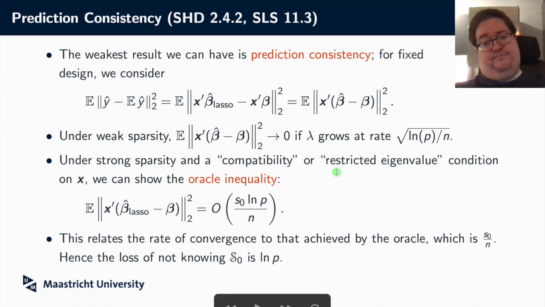And what we have here is that if we assume sparsity, either weak or strong, we can indeed get this form of consistency. In particular, the weakest result we get without any additional conditions is that we need to let lambda go to 0, but at this particular rate, so it should also not go too fast.